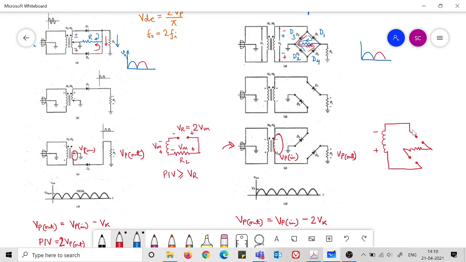So this voltage is Vm with the polarities as shown. What is the polarity across RL? Here it is plus, here it is minus. And what is the voltage appearing across RL in this particular situation? That is also Vm. Okay, now these two diodes are here.